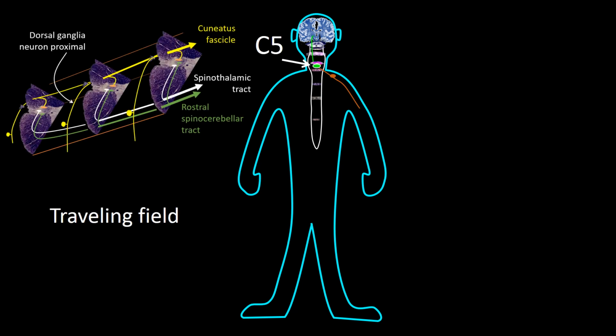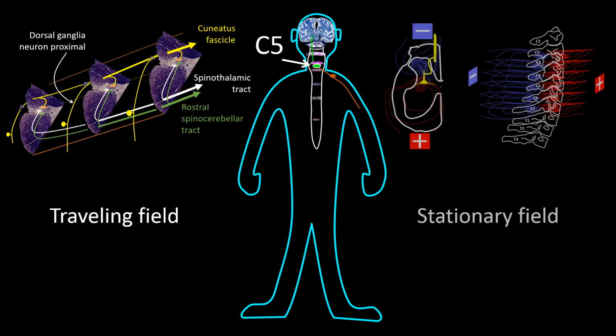A traveling field resulting from the electrical volley traveling in the ascending tracts, and a stationary field resulting from the activation of dorsal horn cells as collateral axons make contact with these cells in the cervical spine.